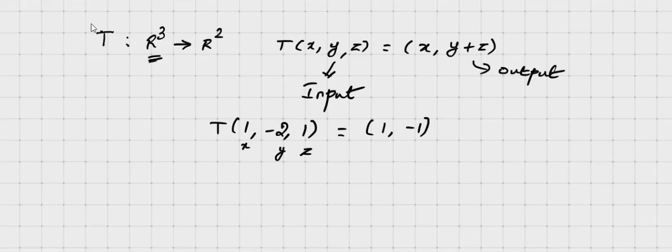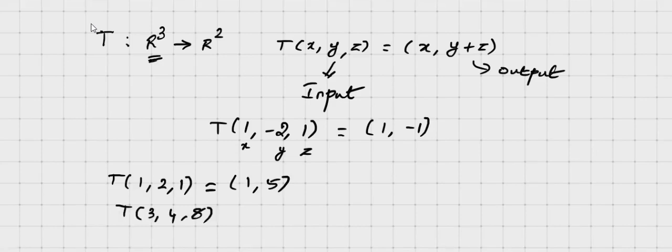Now our discussion is, they used to give some inputs and their respective outputs. For example, T of 1 comma 2 comma 1 equals 1 comma 5. T of 3 comma 4 comma 8 equals 3 comma 12.